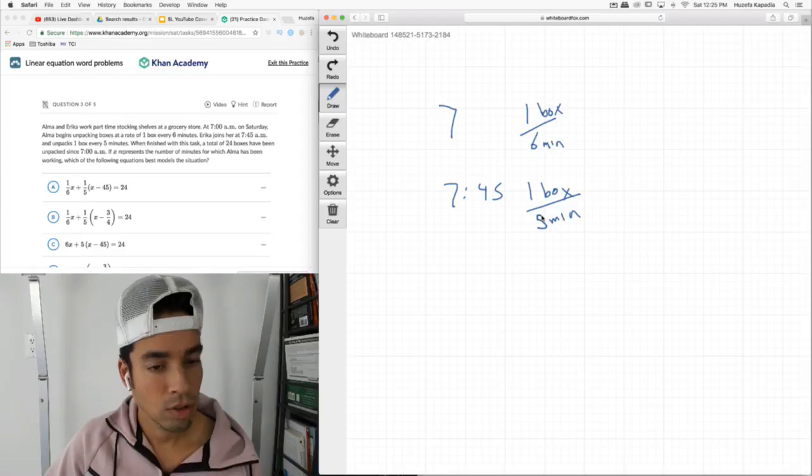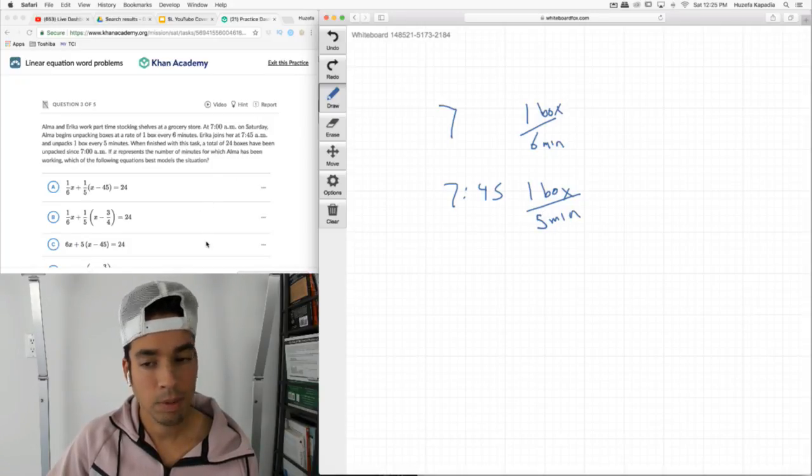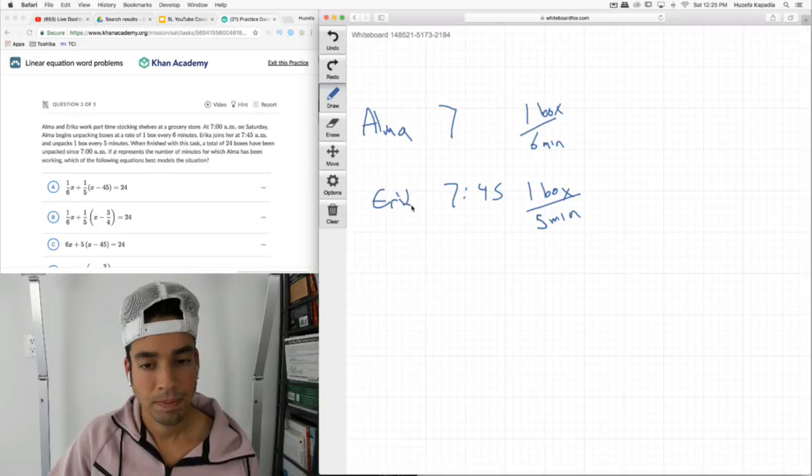When finished with this task, a total of 24 boxes have been unpacked since 7 a.m. If X represents the number of minutes for which Alma has been working, which one's Alma? Alma's this one. And Erica.